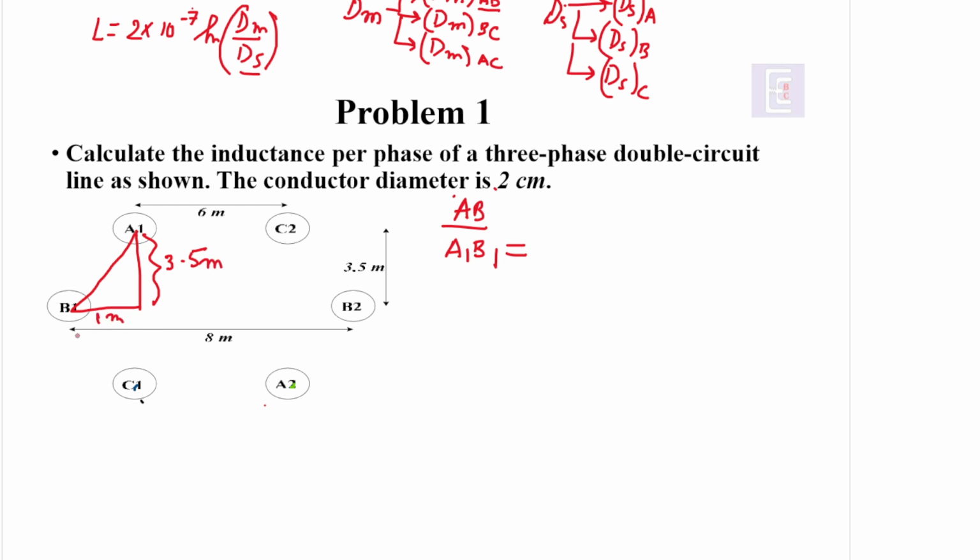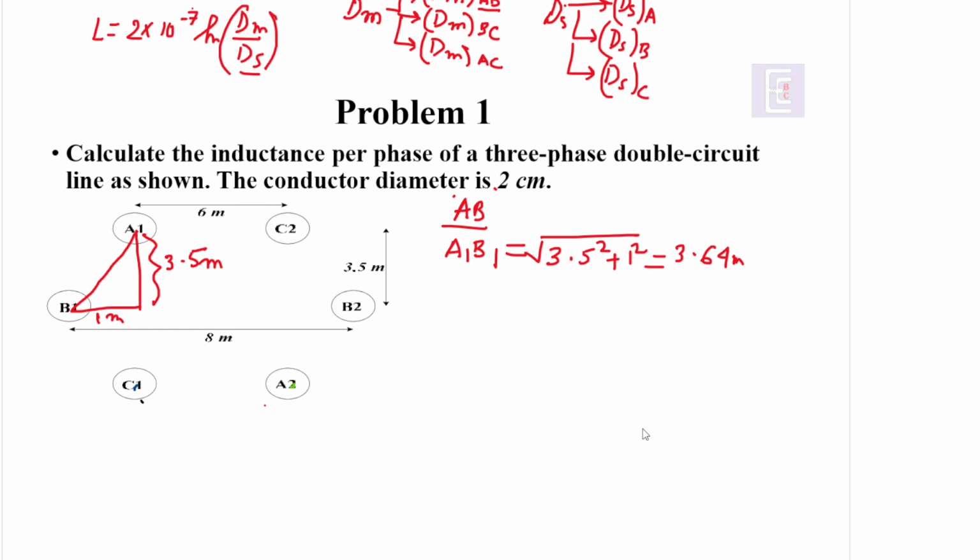Why is this 1 meter? Because this total is 8 and this is 6. So left of A1 it is 1 and right of C2 it is 1. So A1B1 is nothing but the square root of 3.5 squared plus 1 squared, which is equal to 3.64 meter.